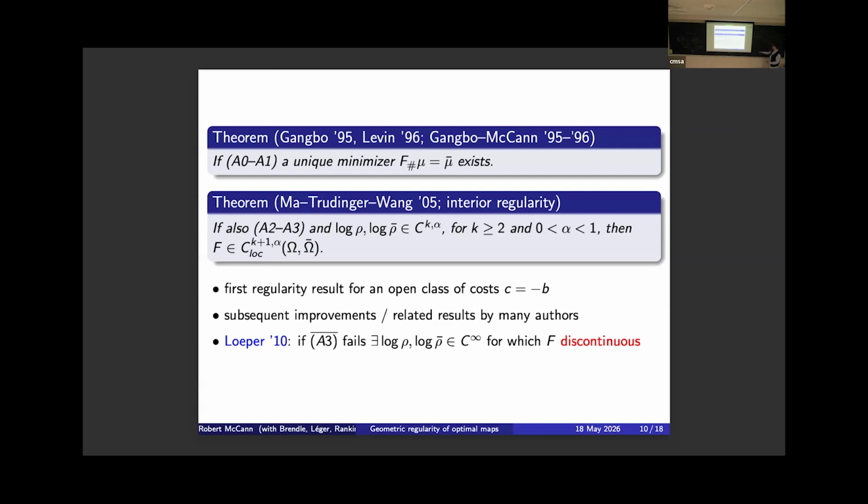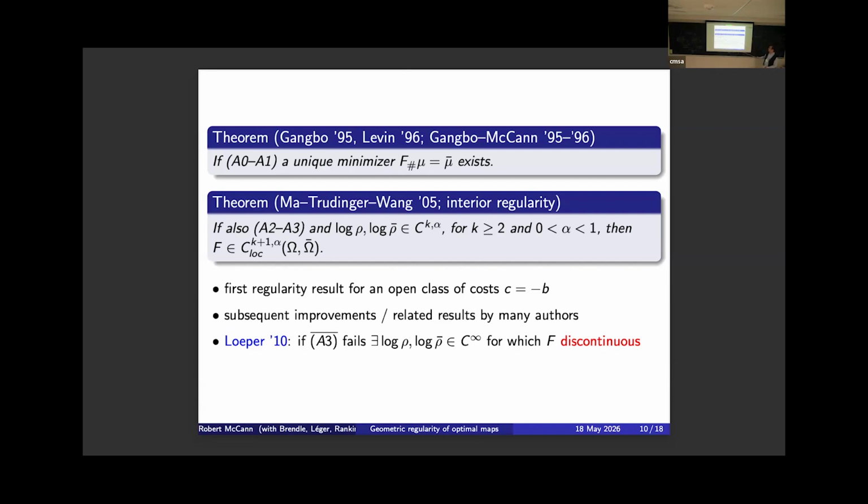And this is a degenerate elliptic equation, and you can really only expect regularity for it if you can uniformize the ellipticity. But once you uniformize the ellipticity, you expect u to be 2 derivatives smoother than the rho and rho bar. And so the f, which is related to, in this example, it would be du, is going to be 1 derivative smoother. So somehow that's the arithmetic for this equals 1. And there are a lot of subsequent improvements on this.